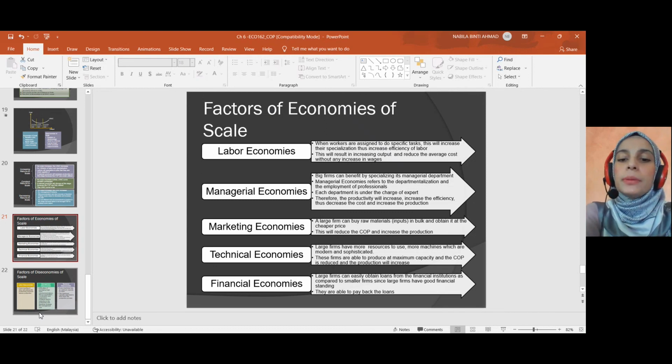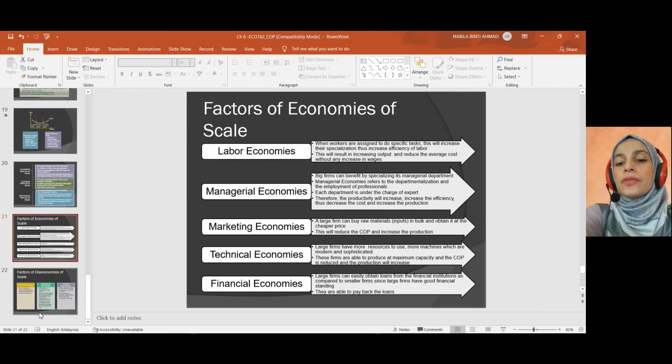Marketing economies, firm can buy raw materials or inputs in bulk and obtain it at the cheaper price. Jadi firm yang besar-besar ni dia mampu untuk membeli input dalam kuantiti yang banyak, jadi dia akan dapat harga lebih murah, jadi cost saving dekat situ, so dia mampu achieve economies of scale.